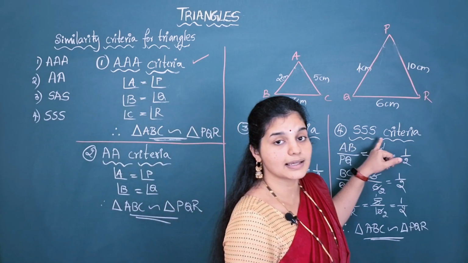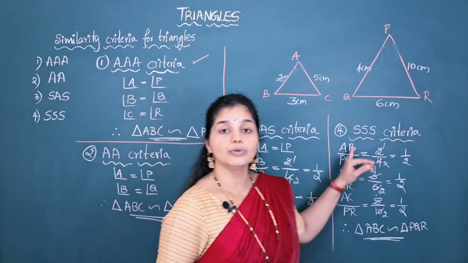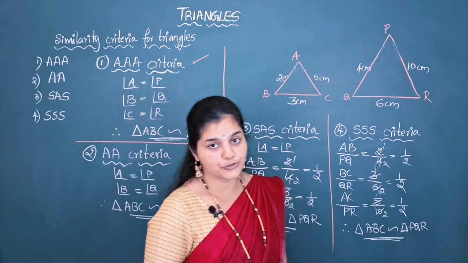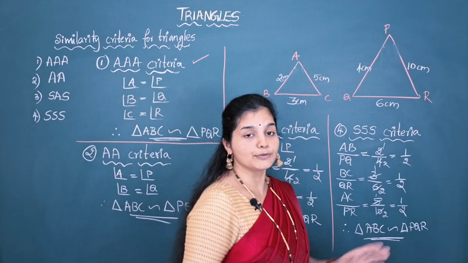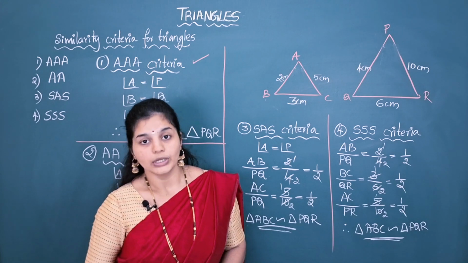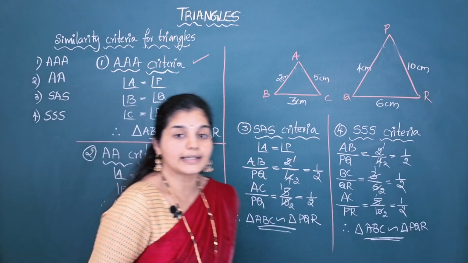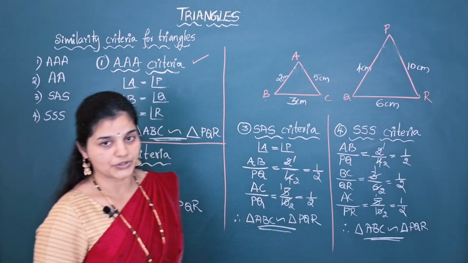In SSS criteria, when you take the ratio of the three corresponding sides, that ratio should be the same. Then based on SSS criteria you can say the two given triangles are similar. So this is very important. All these four criteria you should know in order to solve the questions.